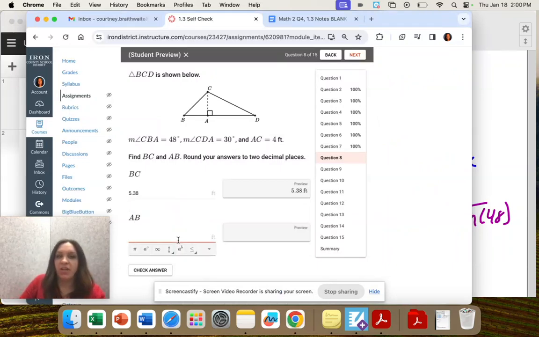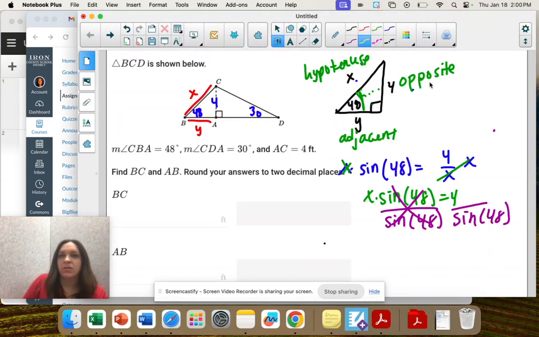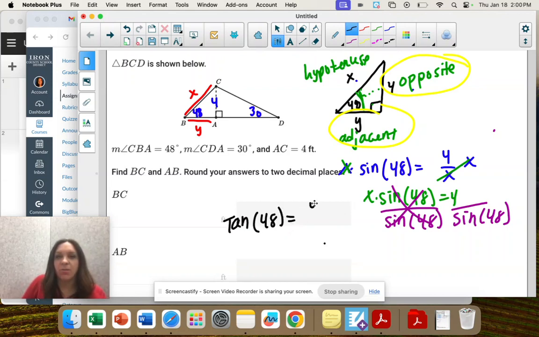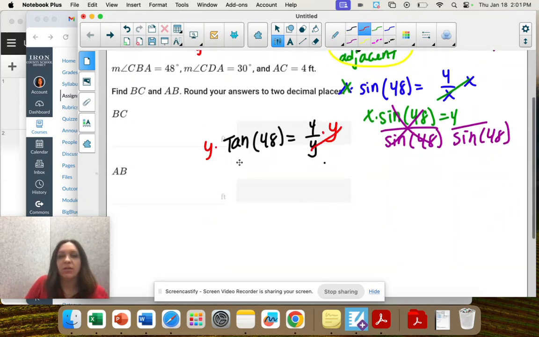Okay, now we want to find AB. So now we're going to use the opposite to find the adjacent, which is tangent. So tangent of our angle equals opposite over adjacent, and it's the same steps. Multiply by the denominator, and then divide by the tangent.